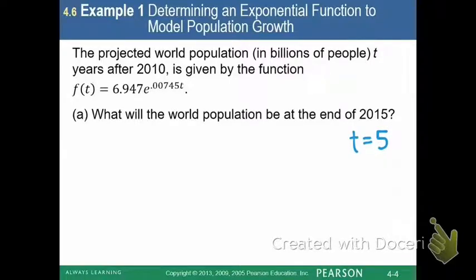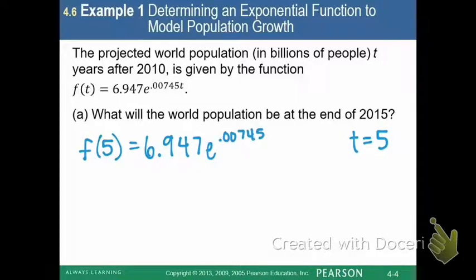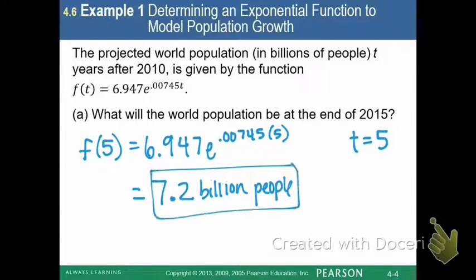So on this one, it's really just asking us to plug in 5 for t. You can do this in your calculator. We should get 7.2, okay? And remember, they're talking about billions of people. And there's our answer.